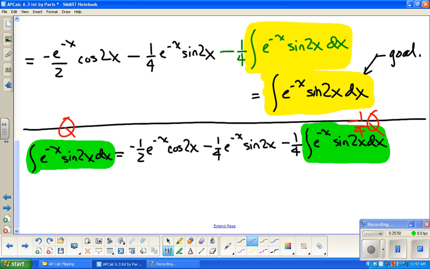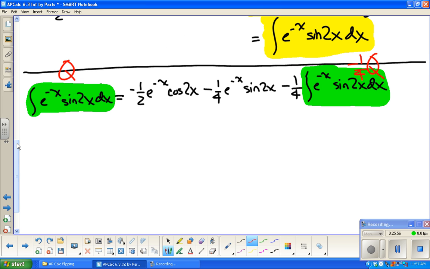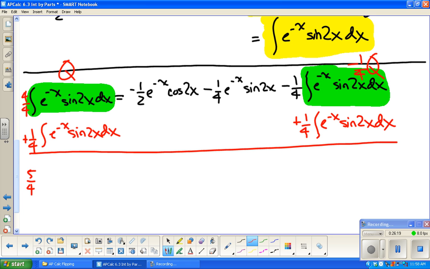But the idea then is if I think of this like solving an equation for a big ugly variable, I can add the 1/4 Q to each side. And then when I do that, on the left side, this is 4/4 plus 1/4 is 5/4.